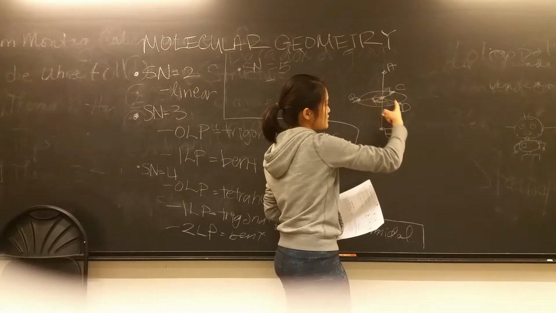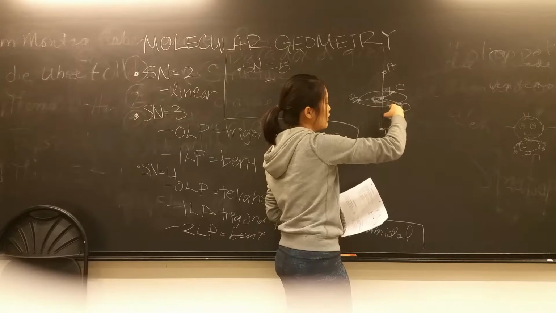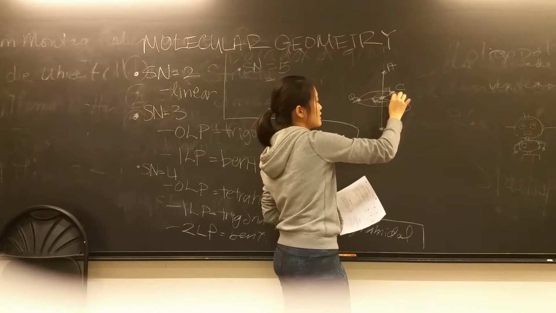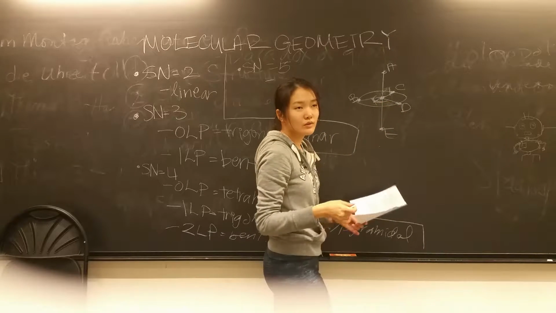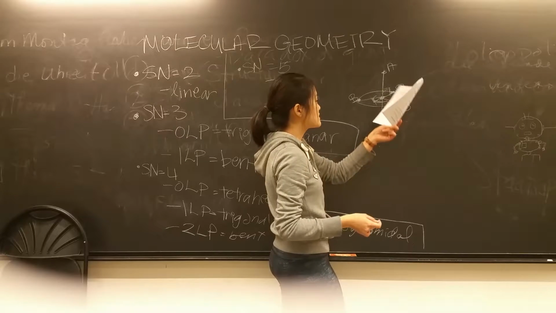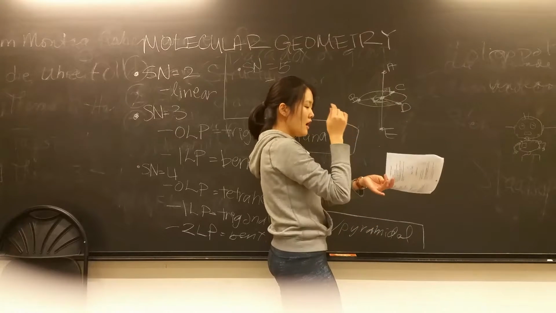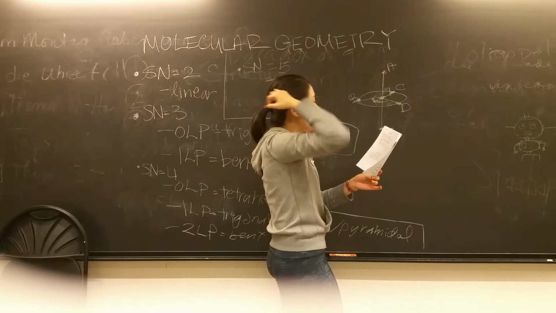Because this whole plane has a total angle of 360, and split into 3 different angles, 360 divided by 3 is 120, so B, C, and D all have relative angles of 120 degrees.